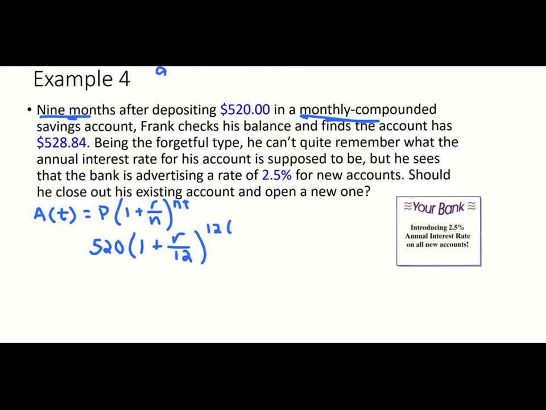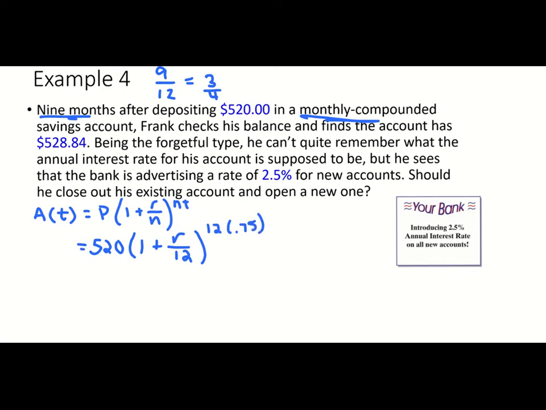That's like having 9/12, or you could simplify that. It becomes 0.75, or it's the same as having 3/4. So either way, 3/4, you could do 12 times 3/4 or the decimal equivalent 0.75.